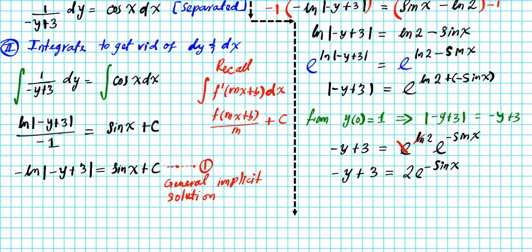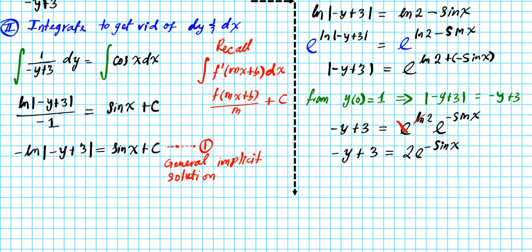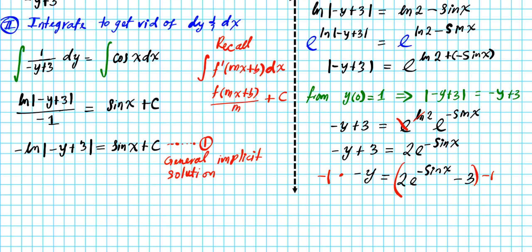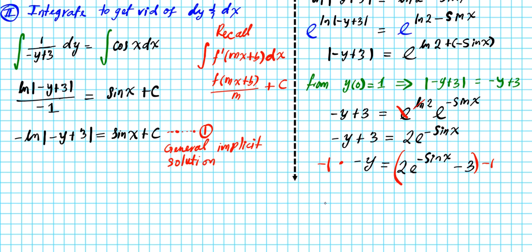Two more steps. Let's get rid of 3 and then the negative. If we subtract 3 from both sides, we'll have negative y equals 2 e to the negative sine x minus 3. And then if we multiply both sides of our equation by -1 to get y isolated, we'll have our final particular solution.